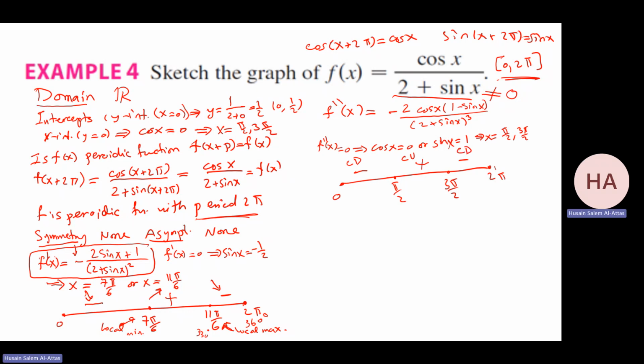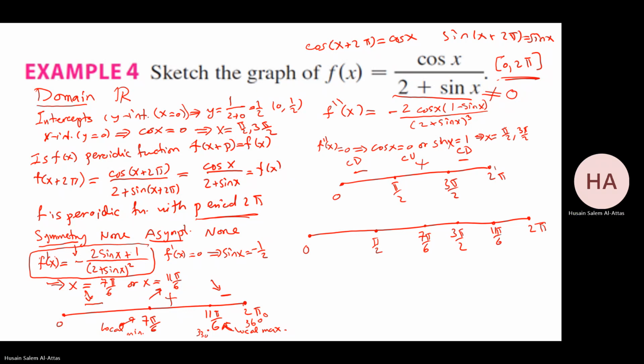Now we'll put all of these things in one graph, in one test intervals, or real line, only between 0 and 2 pi. The ones I am looking for are pi over 2, 7 pi over 6, 3 pi over 2, and 11 pi over 6 also.